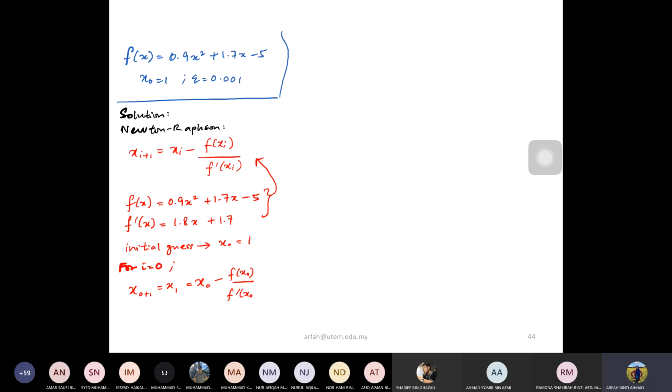Okay. Yang mana x naught awak dalam kes ini adalah 1, f x naught sama dengan f 1 sama dengan 0.9 darab 1 kuasa 2 tambah 1.7 kali 1 tolak 5. So dapat berapa this one?